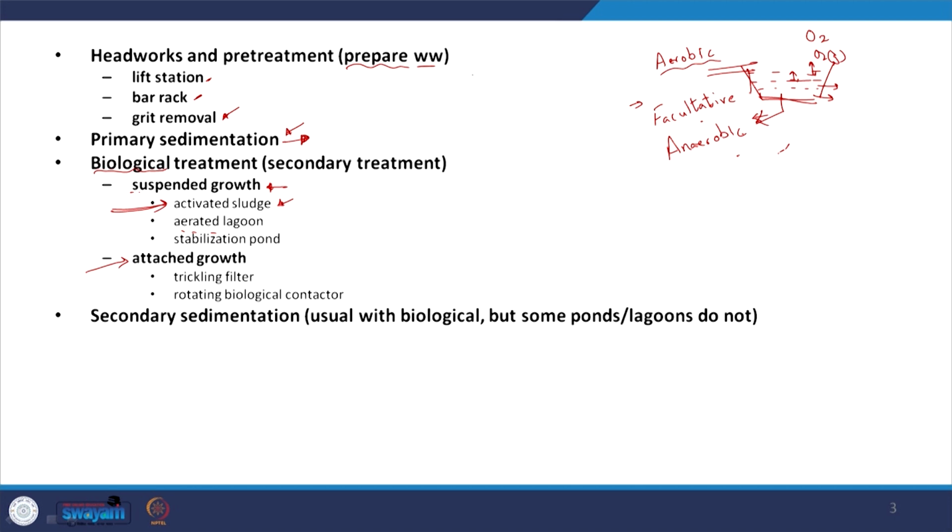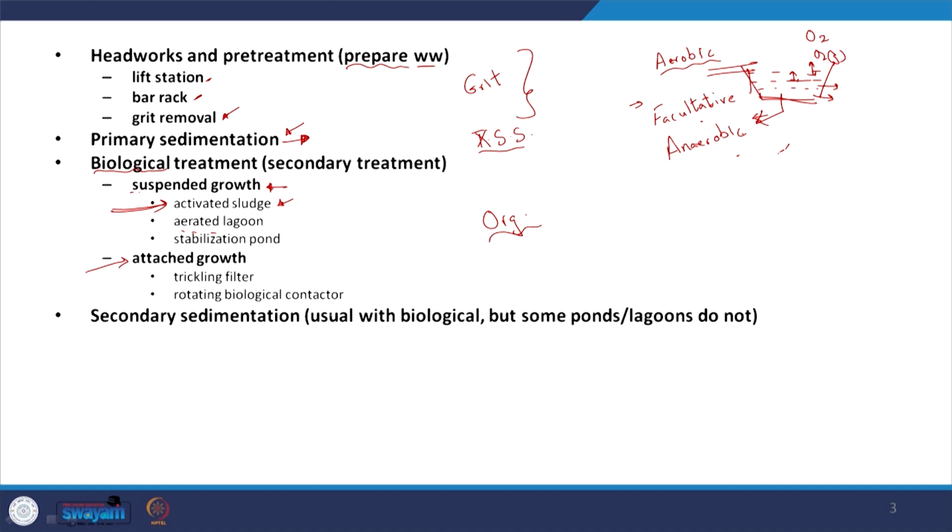Again, here we are removing the grit. Here we are removing the suspended solids. Here we are removing the organic content, which is mostly dissolved.